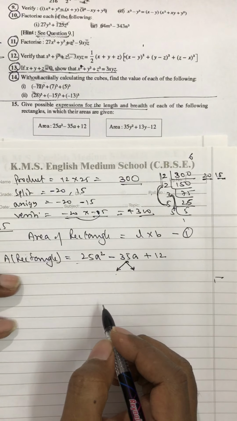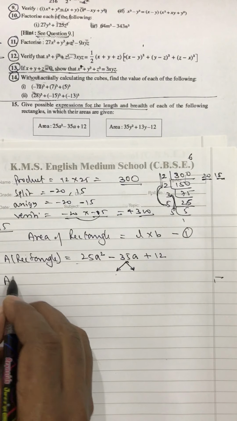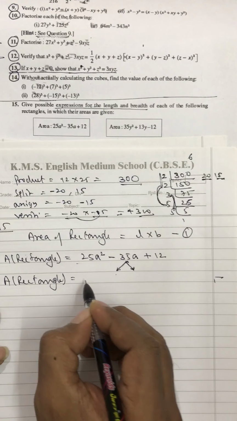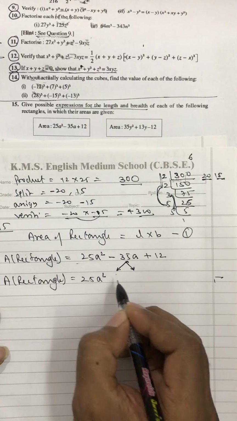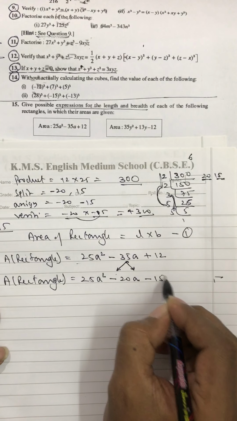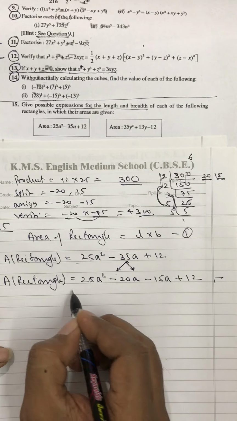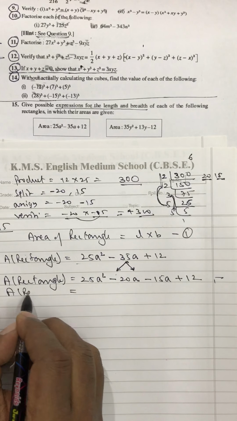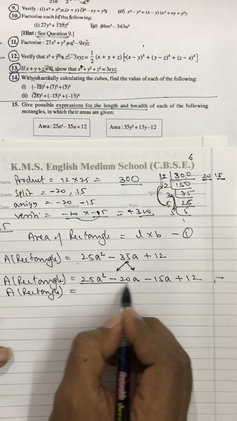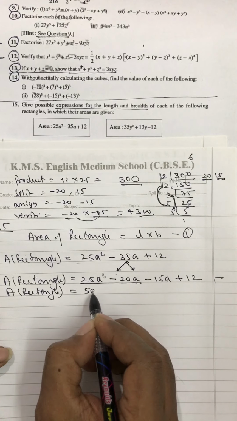So what I will do over here, I will write 25a square minus 20a minus 15a plus 12, which will be equal to the area of rectangle. If I take out common factors from here, a is a common factor along with 5.